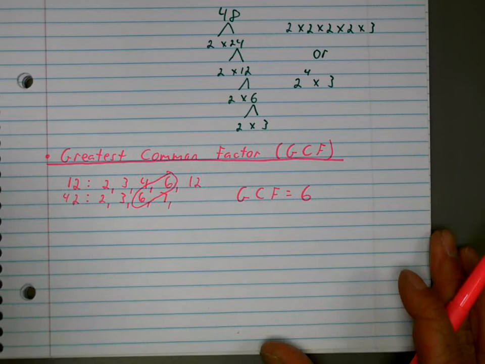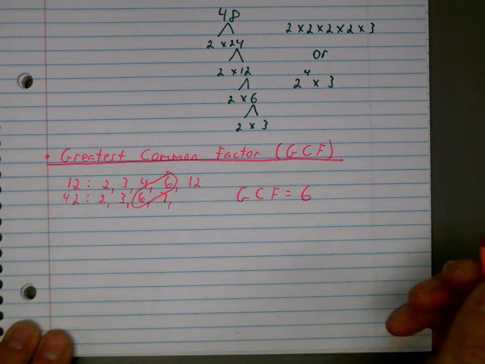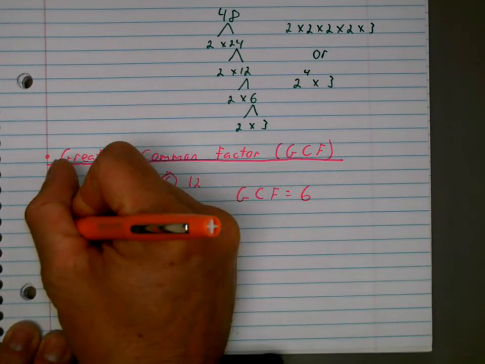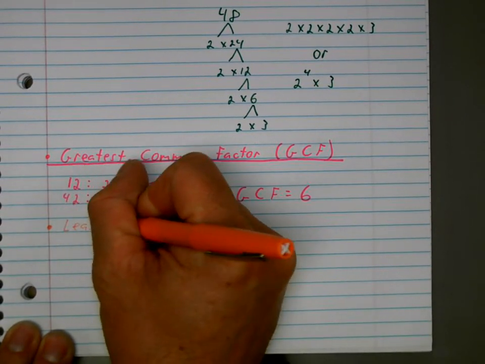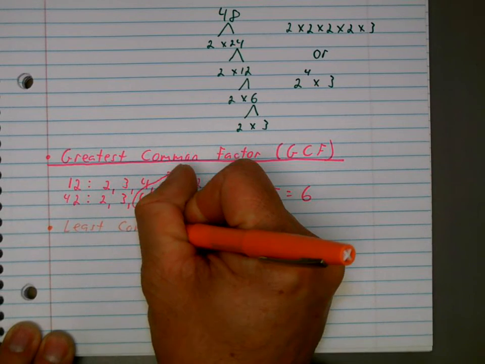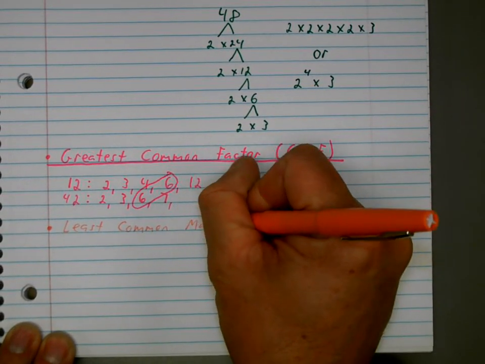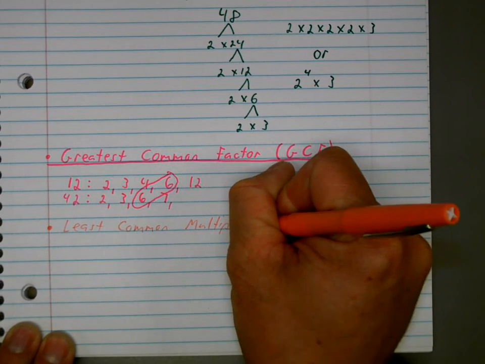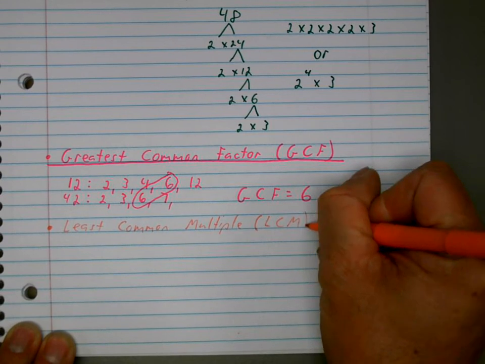All right, moving on. If that's GCF, the next thing we're going to look at is the LCM, or the least common multiple. So let's skip down here, put a bullet, and I'll write down least common multiple, or LCM.